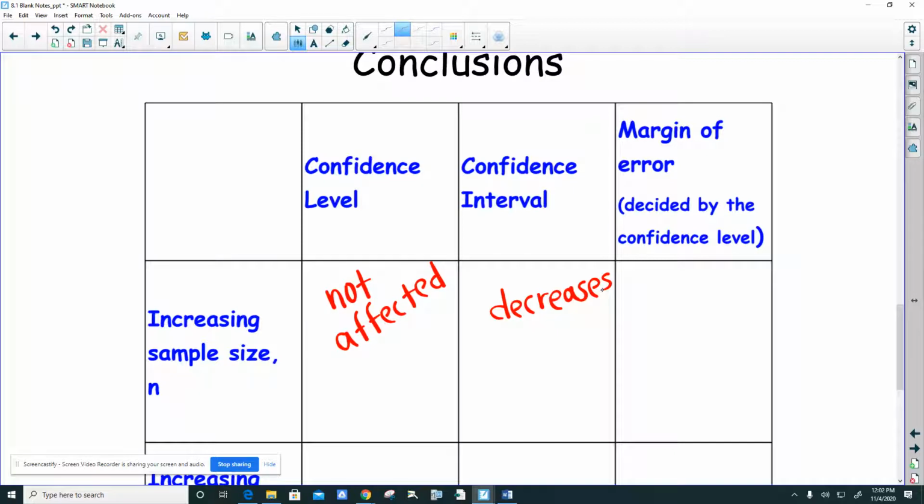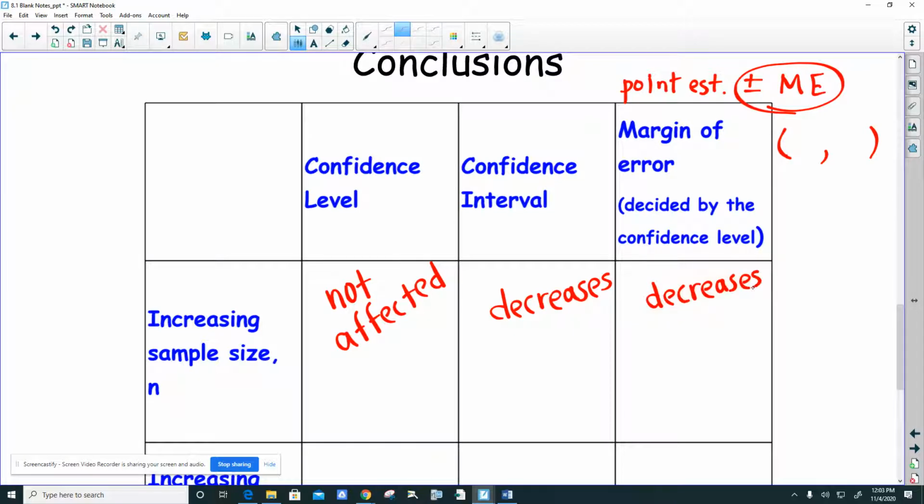How does that affect the margin of error? Remember our formula is to take our point estimate, either our sample mean or our sample proportion, and always add and subtract a margin of error to give us the confidence interval. If my confidence interval is going down as my sample size is going up, that's probably also causing my margin of error to go down.